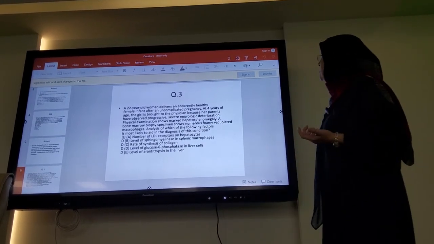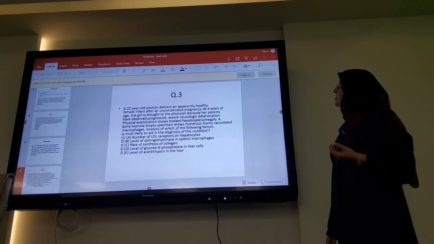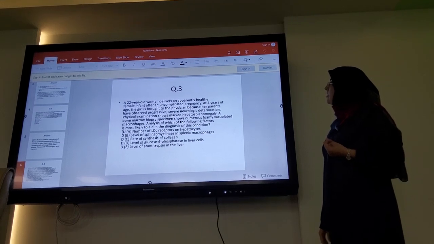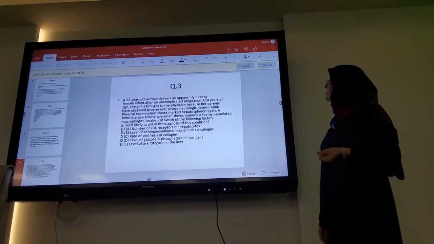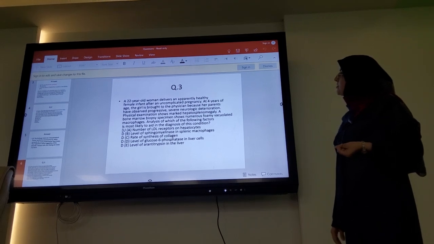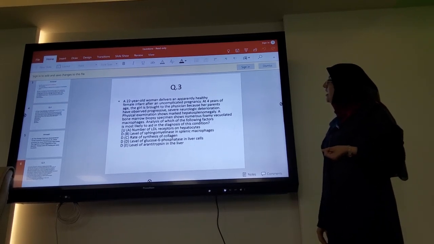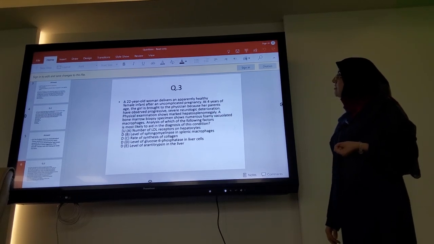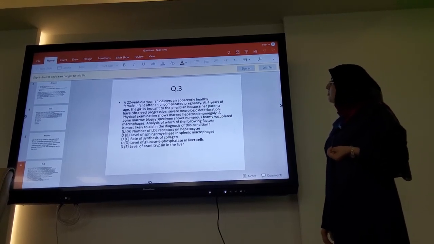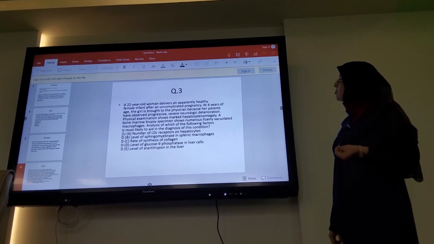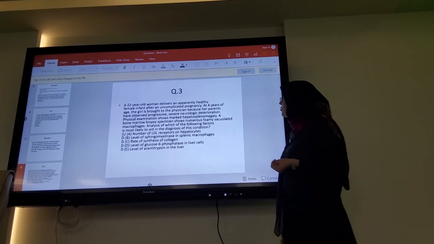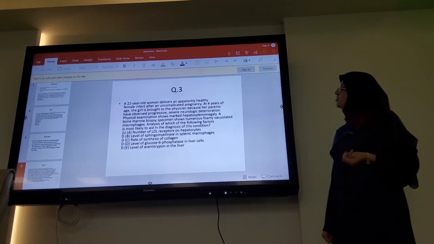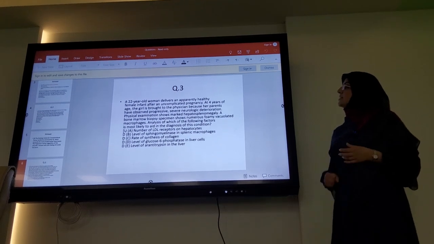Again, a 22-year-old woman delivers a healthy female infant after an uncomplicated pregnancy. At 4 years of age, the girl is brought to the physician because her parents have observed progressive severe neurologic deterioration. Physical examination shows marked organomegaly. A bone marrow biopsy specimen shows numerous foamy vacuolated macrophages. Analysis of which of the following factors is most likely to aid in the diagnosis of this condition?